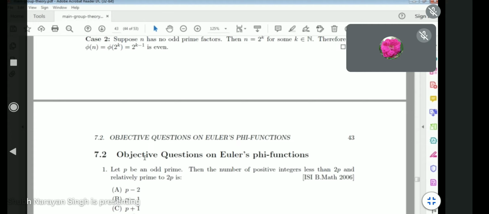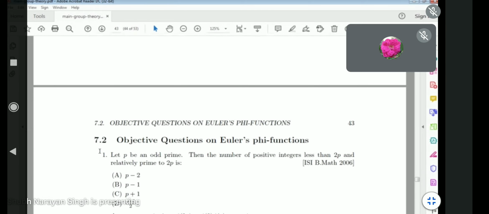Because 2 and p are co-prime, your Euler function is multiplicative in nature. That means phi of 2p is phi of 2 into phi of p, and phi of 2 is 1, and phi of p is p minus 1. So 1 into p minus 1 gives p minus 1. That means your answer will be p minus 1. Your answer is correct. Thank you.